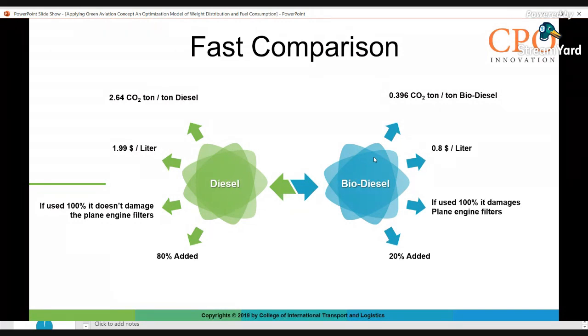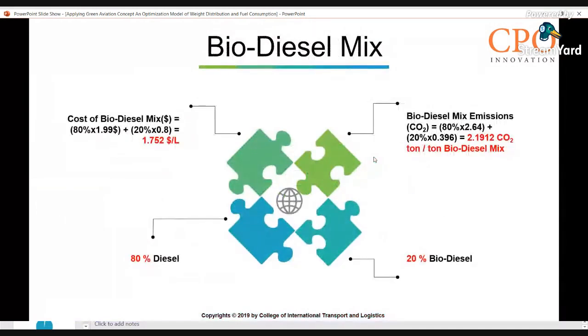So by observing the different trials made by different airlines, we found out that the perfect ratio to be used for the biofuel is a mix of 80% conventional fuel with 20% biofuel. So now we can save money, save a lot of emissions, and still have our plane very safe with no harm to its engine filters. What are the characteristics of the biodiesel mix?